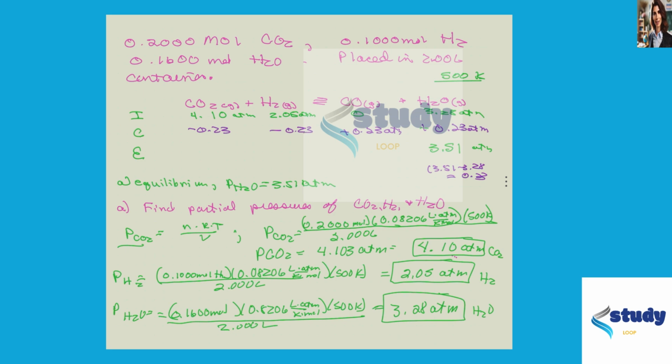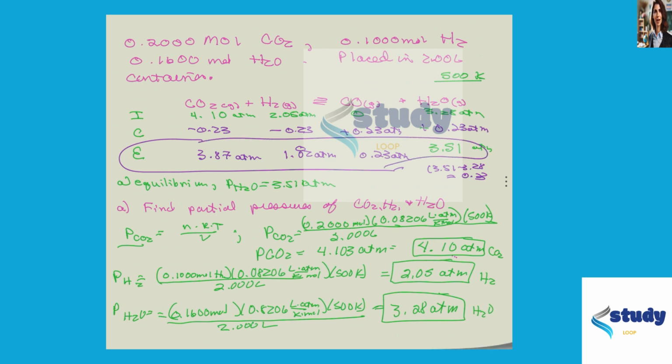Then 4.1 minus 0.23 is 3.87, and 2.05 minus 0.23 is 1.82, my bad, and 0.23 atmospheres. So here are the values that I'm going to use, and I'm going to have to go to the next page to use these.